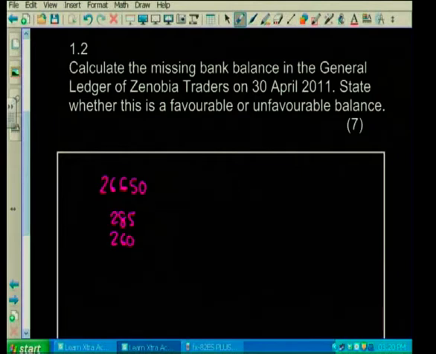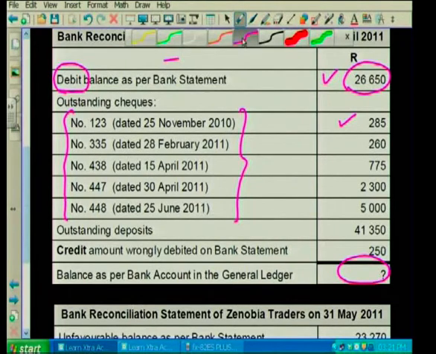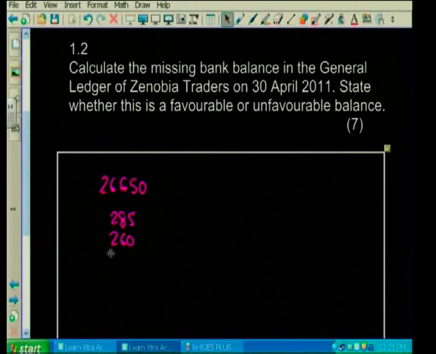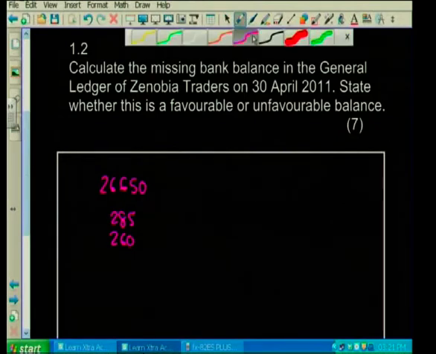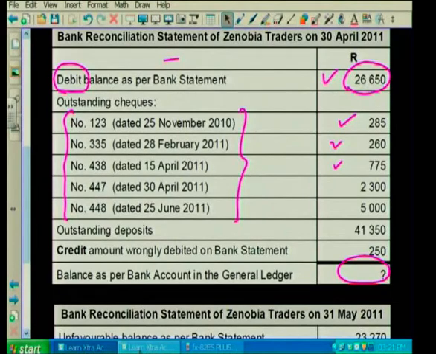Notice I'm putting them all together as debit balances. The next one, 775. We've done the 260, 775, still in the debit. 2,300.